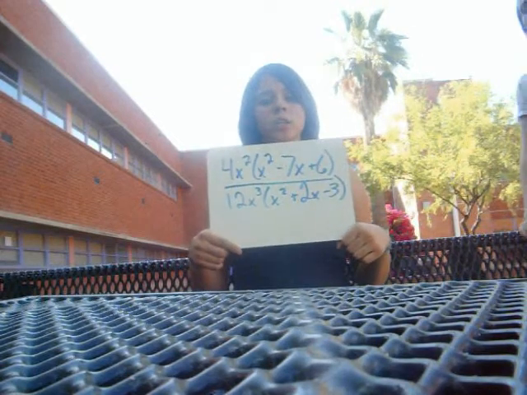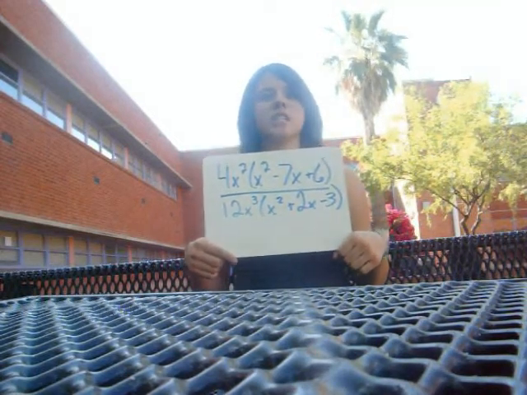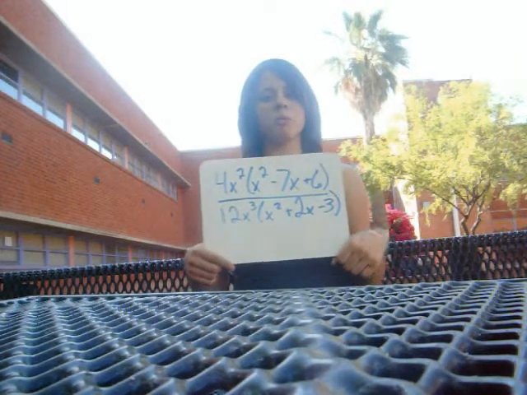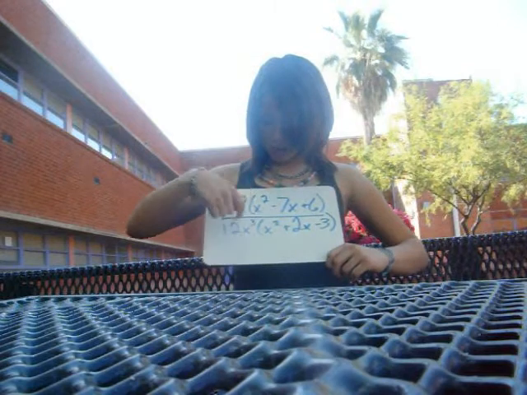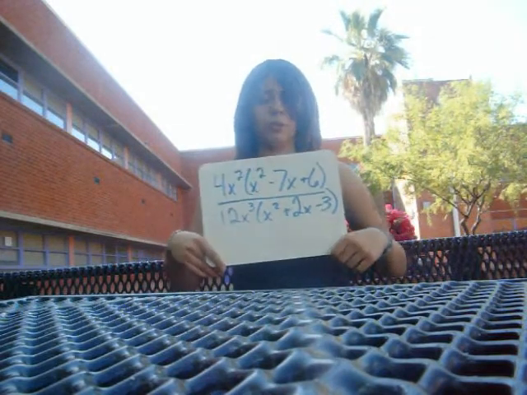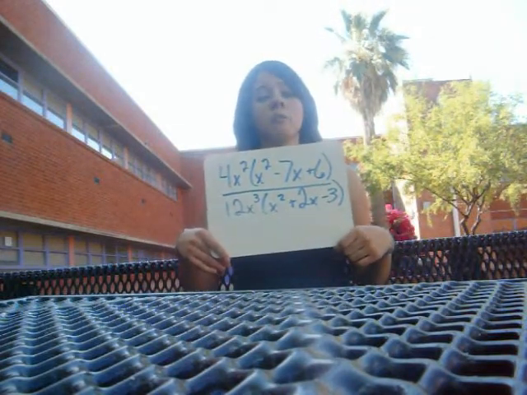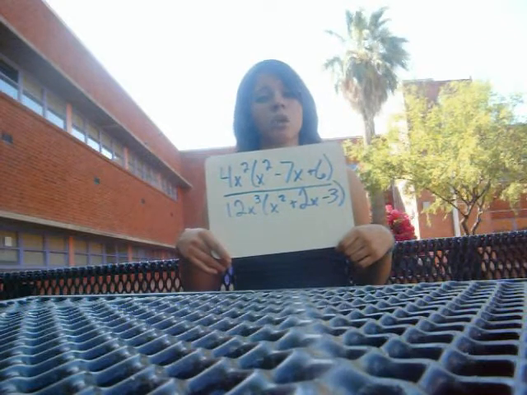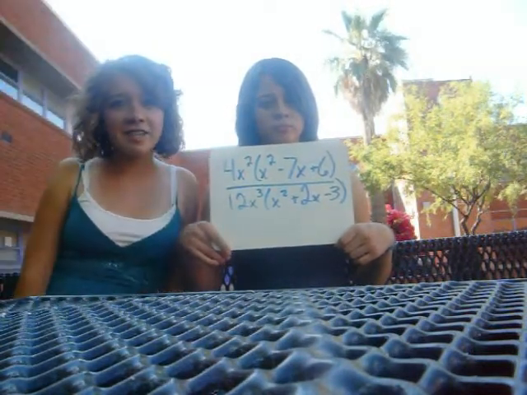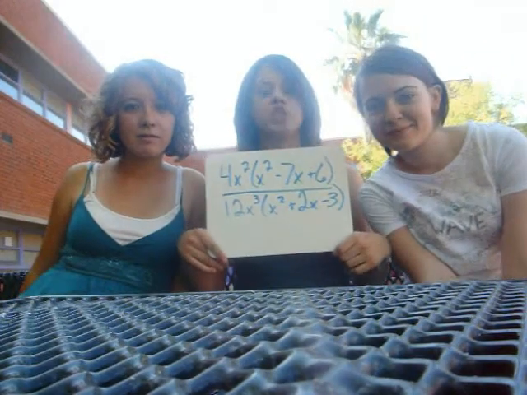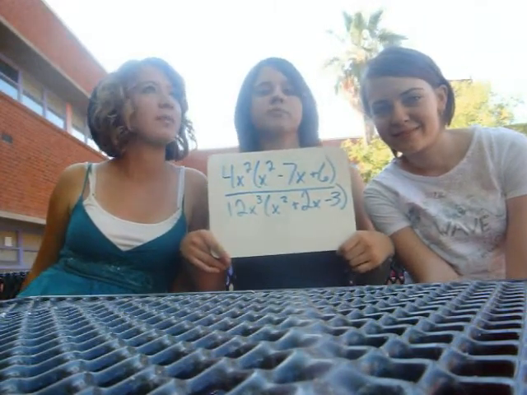Now, can we please have any volunteers for this problem right here? With this one, you just need to multiply it out, and then you do the same thing as before. Any volunteers? Alright then, victims. Dennis, Alex, do it.